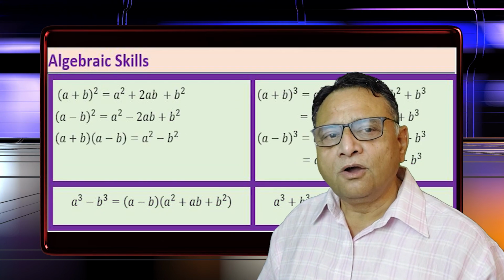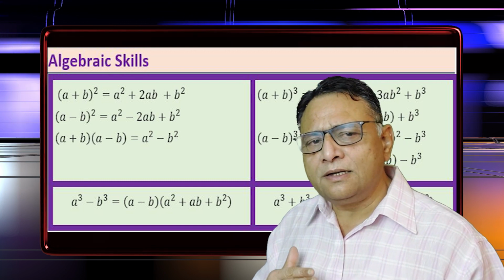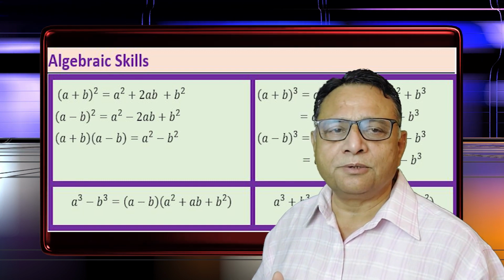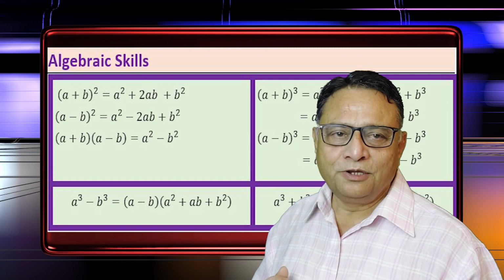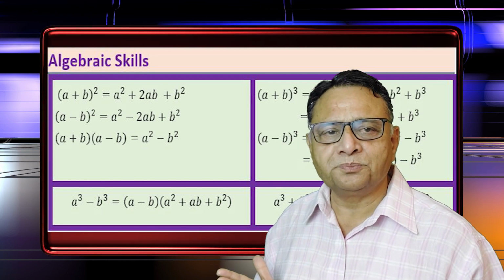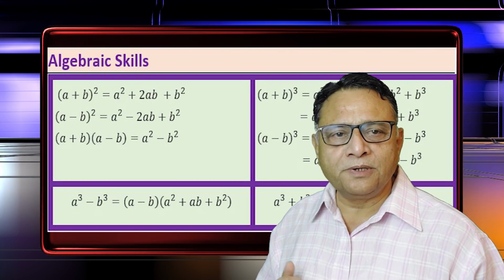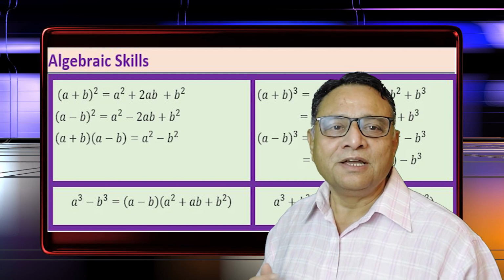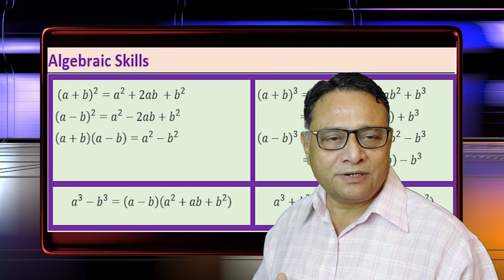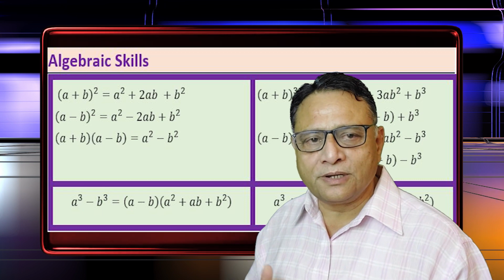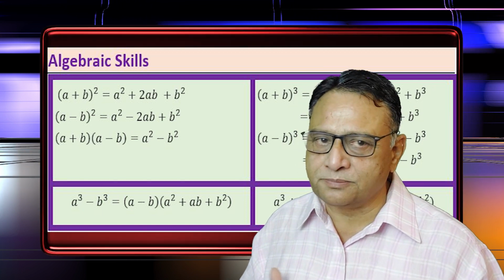Well, sometimes we do require higher skills for algebraic manipulations. You might need some formulae there also. Example, (a plus b) whole square is what? It is a square plus 2ab plus b square. (a minus b) whole square is a square minus 2ab plus b square.